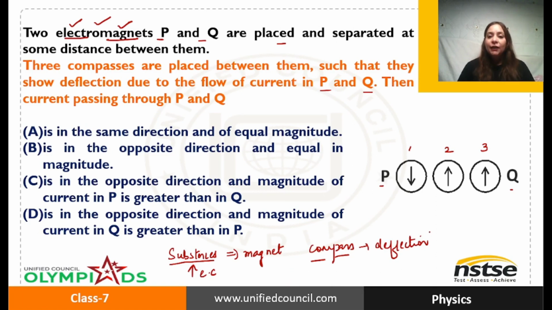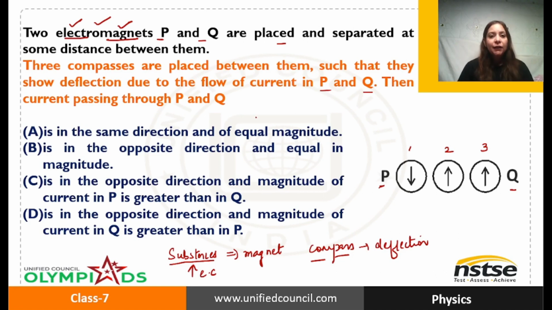So here between P and Q, we have three compass needles and you can see that they are showing some sort of deflection. That means P and Q are acting as electromagnets. That means current is passed through them and they have a magnetic field around them. That is why the needle is showing deflection.